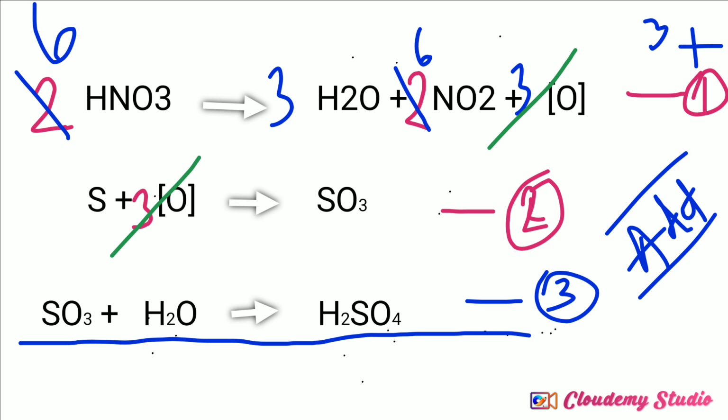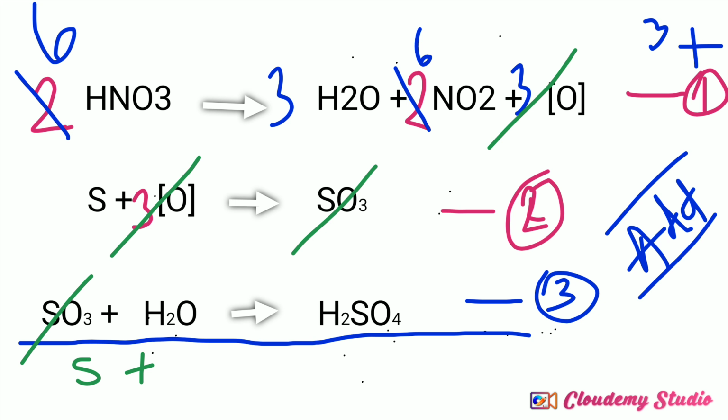At the second equation, sulfur trioxide is on the right hand side. At the third equation, sulfur trioxide is at the left hand side. So this also we can cancel because they are at the opposite sides. Remaining substances left out on the reactant side, we need to write as they are. Here sulfur is left out. 1 mole of sulfur, plus what else left out?